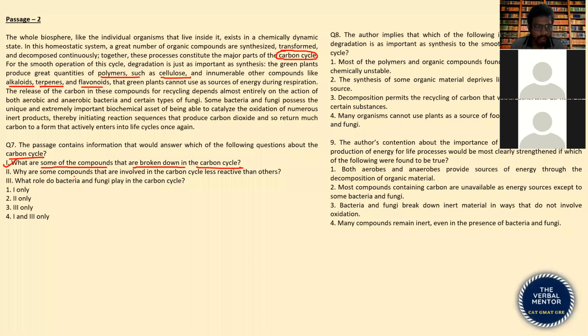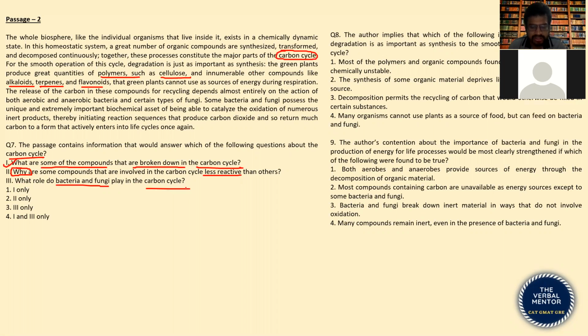Question number 2, why are some compounds that are involved in the carbon cycle less reactive than the others? Passage does not answer why. It only tells us that there are some compounds which are less reactive than others. It does not give you the reasons why. Question 3, what role do bacteria and fungi play in the carbon cycle?